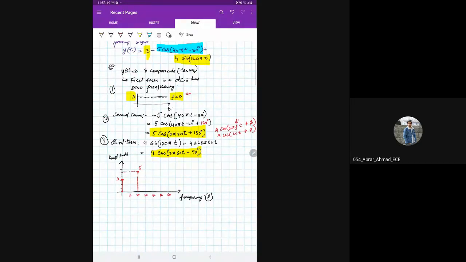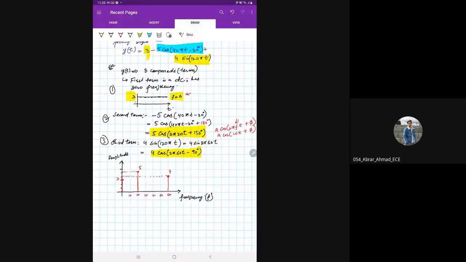Very good. So 4 is somewhere here, and 60 is somewhere here. You mark the number at the top, it is 4. So this is the amplitude spectrum of the signal.